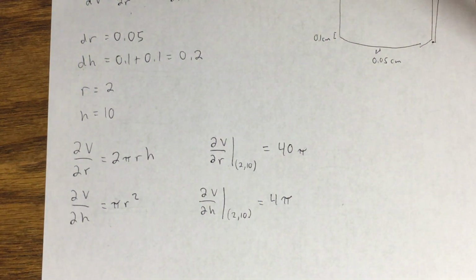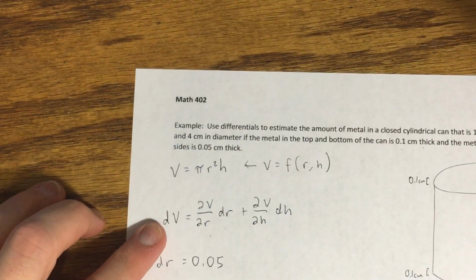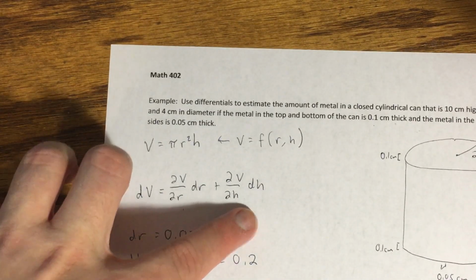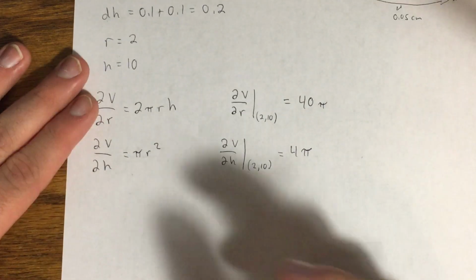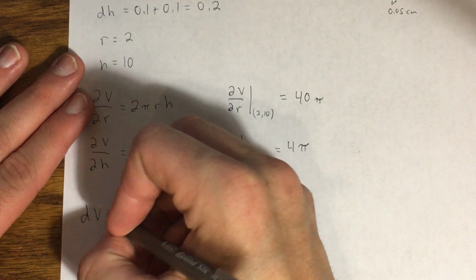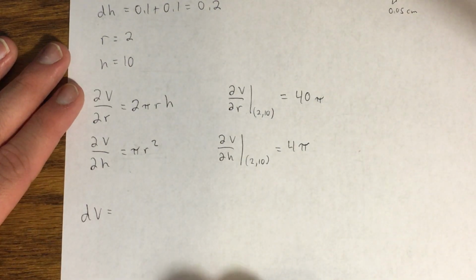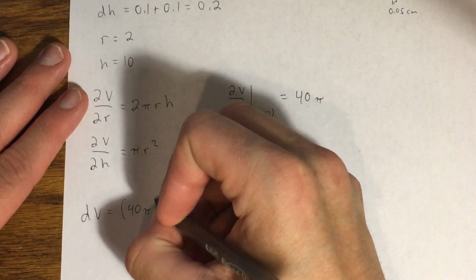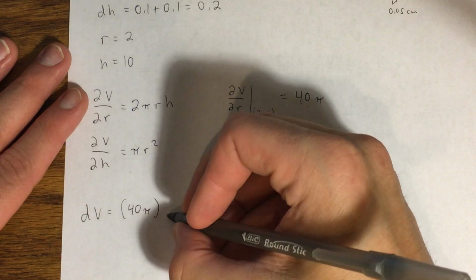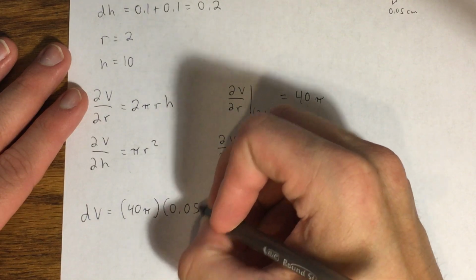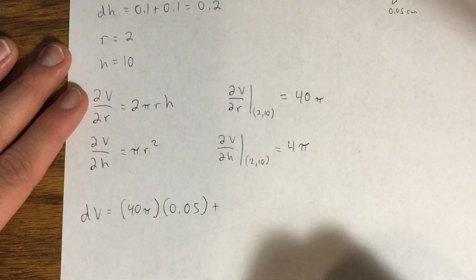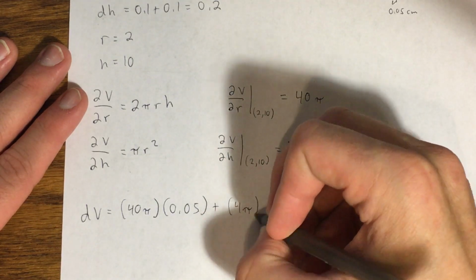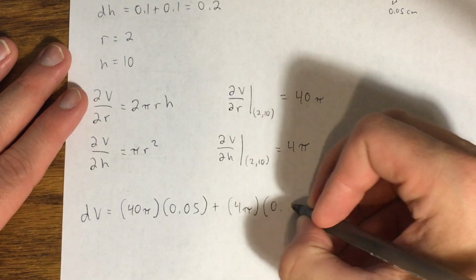All right. So looking at my differential now, dv, we can use all of those things that we just found in that formula. That means dv is equal to 40 pi times dr, which was 0.05, plus this next one, 4 pi, times 0.2.